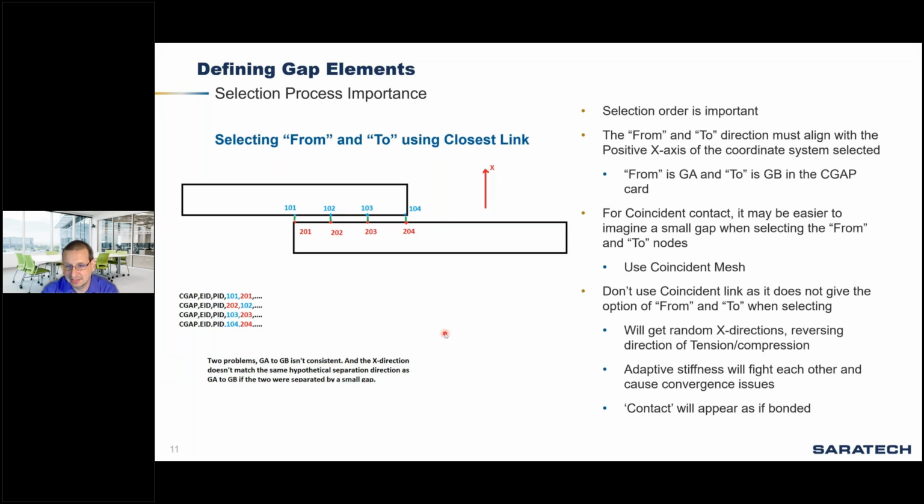So that's why it's very important to remember that GA to GB, your selection process is very specific. So generally, because of the directions that you want, using a coincident mesh is very important. You want those nodes to match and line up. And they're very important, especially when dealing with a gap. But we'll talk about that in a future slide.